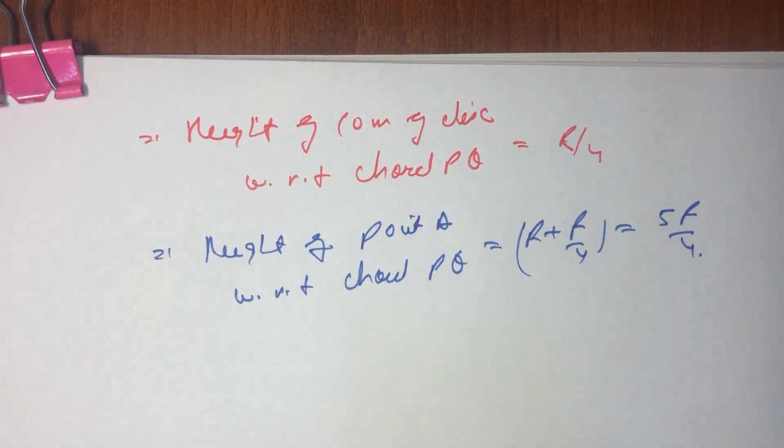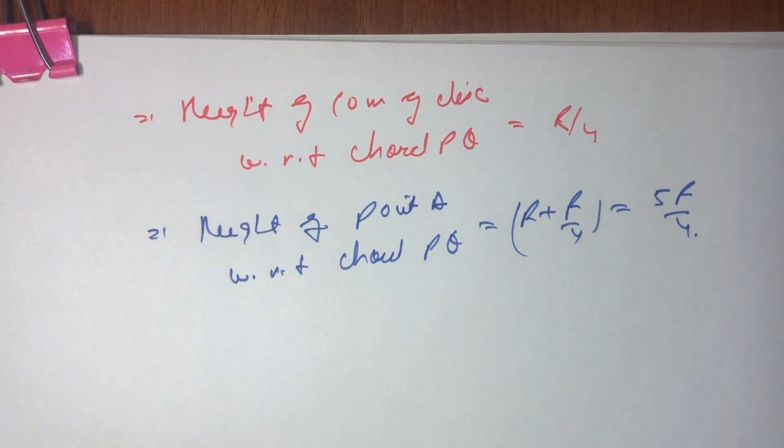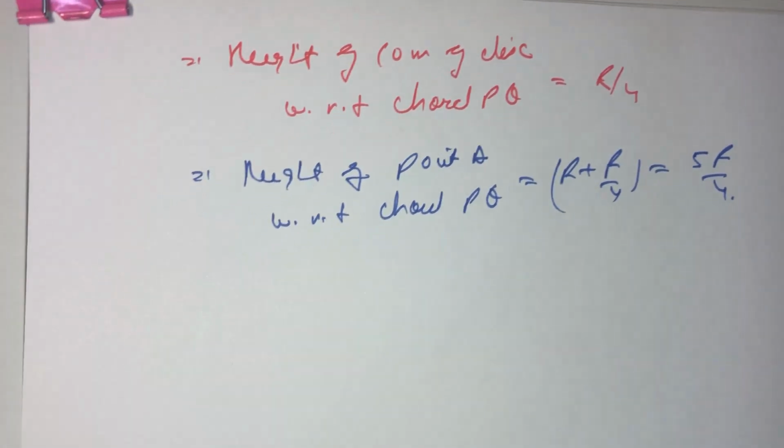So we already found out the distance of the center of mass as well as point A with respect to chord PQ. Therefore, now we can find out the total energy.